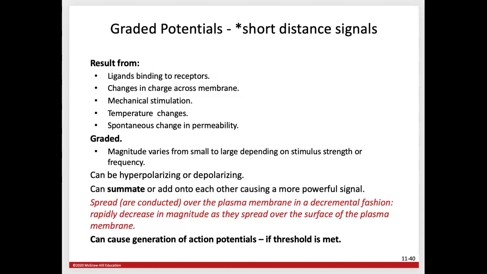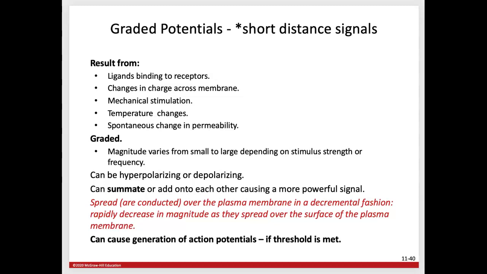That's basically my way of describing them. They can cause the generation of an action potential, but only if threshold is met. And usually that is from several graded potentials summating or adding together to meet threshold.